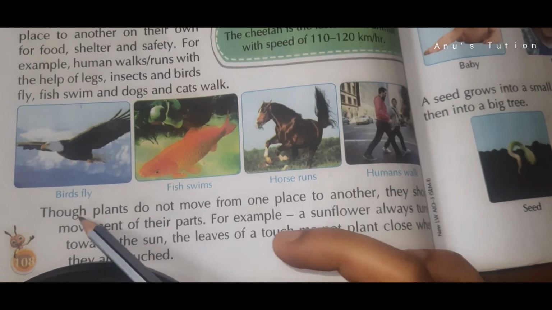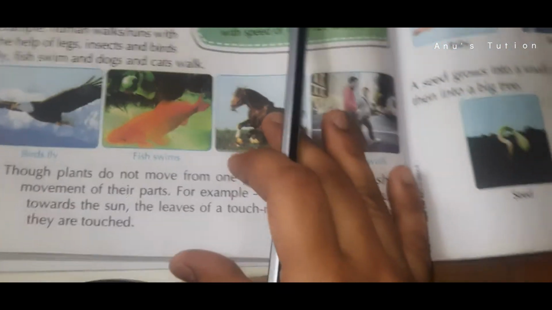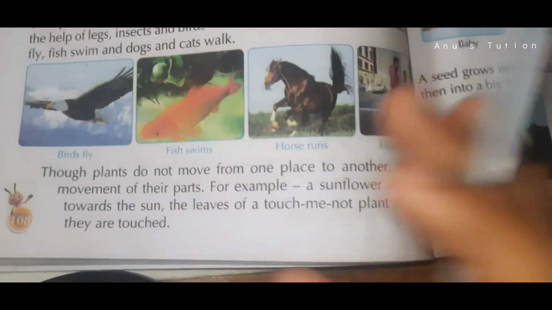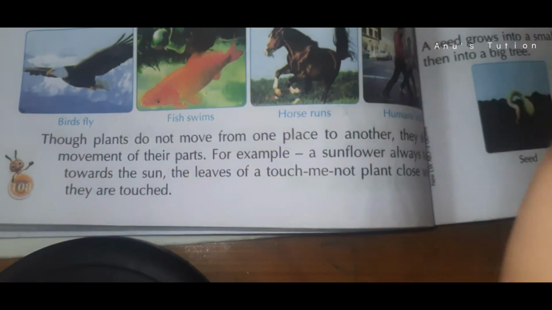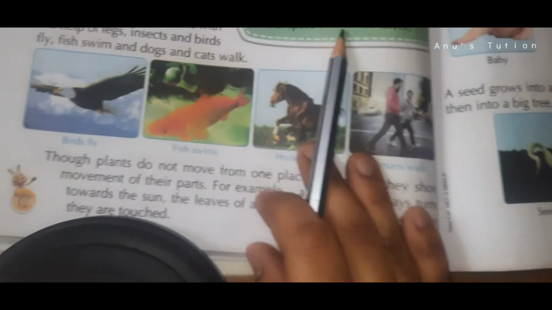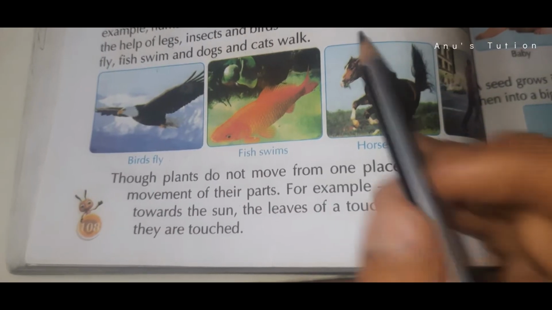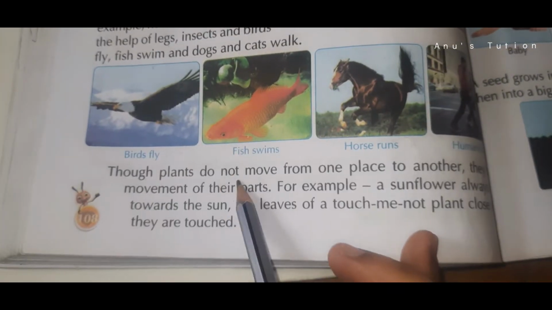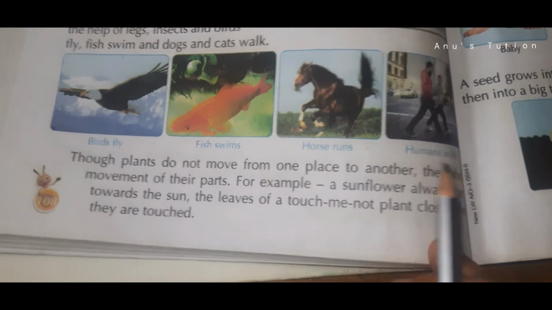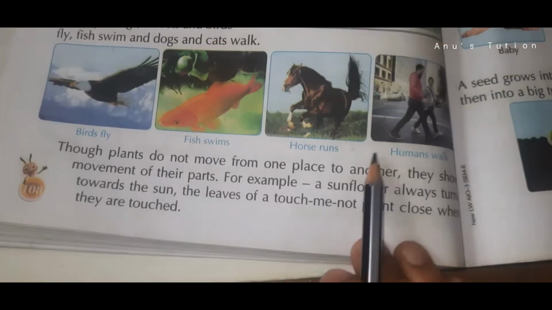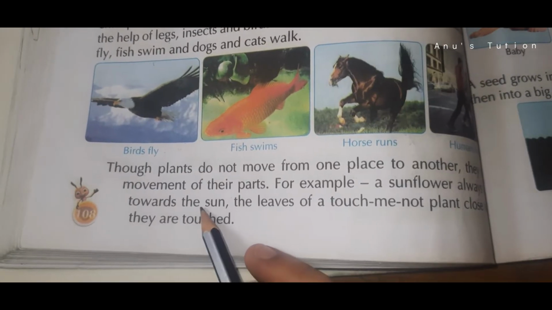Next, though plants do not move from one place to another, they show movement of their parts. For example, a sunflower always turns towards the sun.